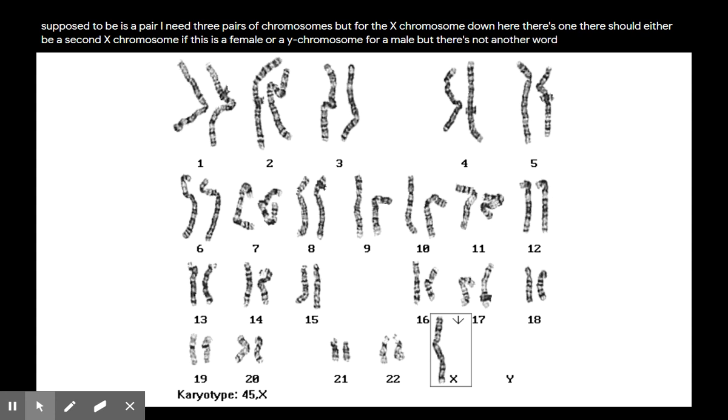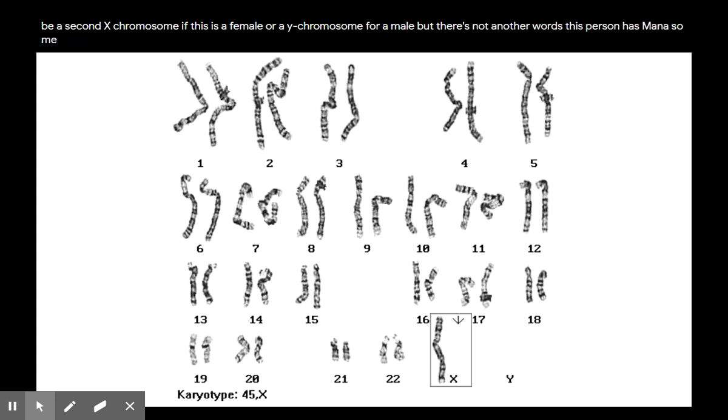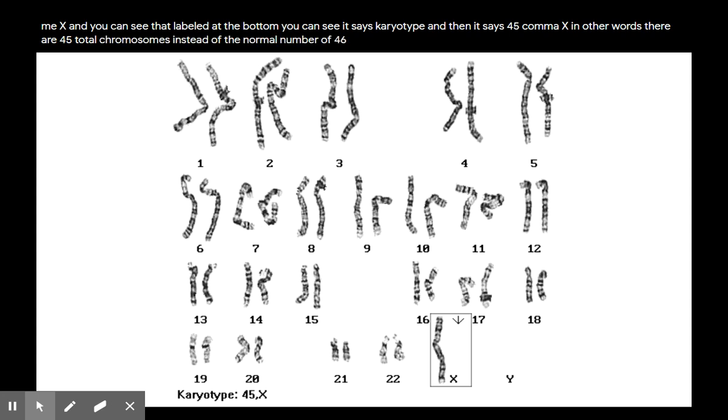In other words, this person has monosomy X. And you can see that labeled at the bottom. You can see it says karyotype, and then it says 45, X. In other words, there are 45 total chromosomes instead of the normal number of 46. And the one that screwed up is that there is only one X chromosome. There is monosomy X.